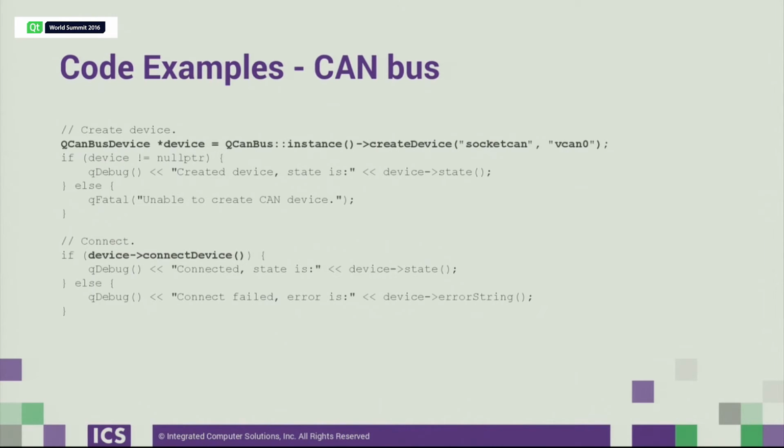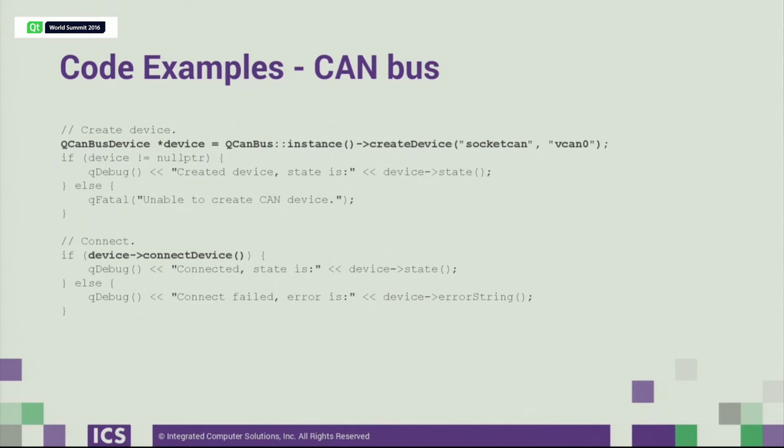So I don't know how readable this is. There's a kind of a high level of what you want to do. You need to create a device, and that's done with a static method that's basically a singleton that lets you create a CAN bus device specifying the backend that you want and the device name. And then the next step would be to actually connect.